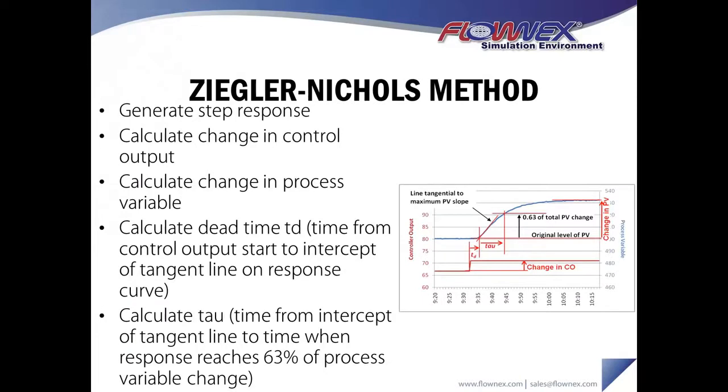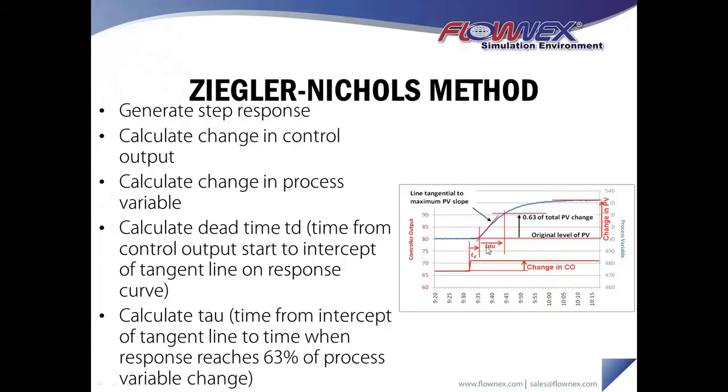Let's look quickly at the Ziegler-Nichols method. You generate a step response, calculate the change in your control output, calculate the change in your process variable, and calculate the dead time, that is the time from your change in control output until the time where a tangent line on the response curve intercepts the original level of your process variable.